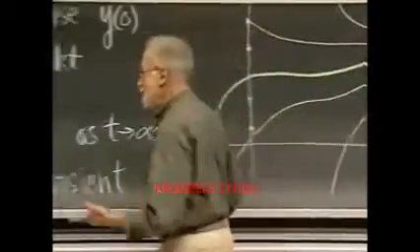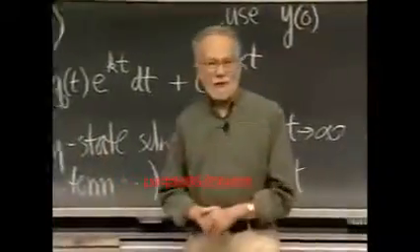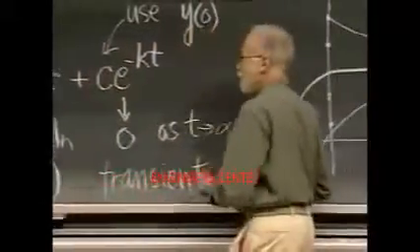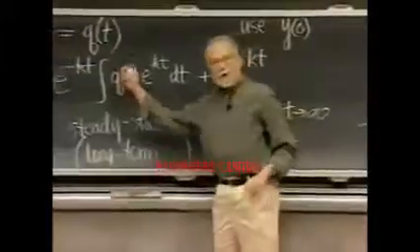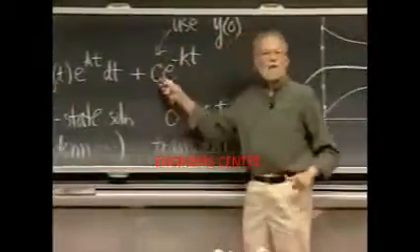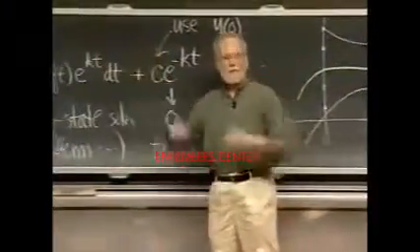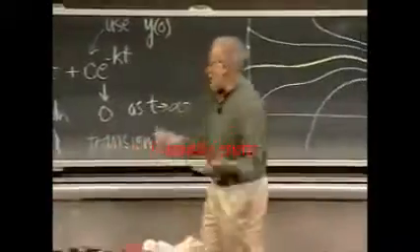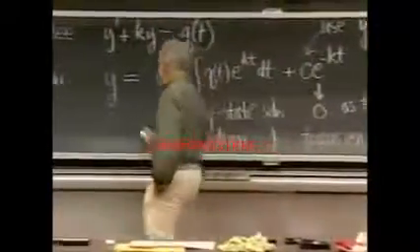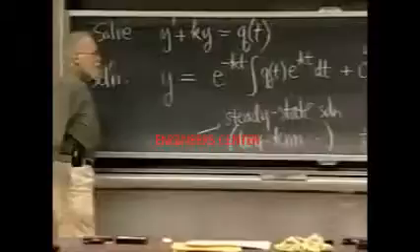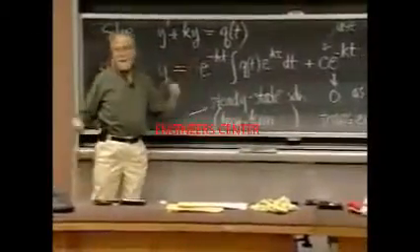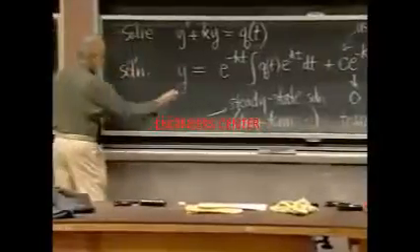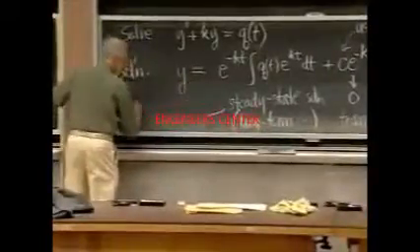Whichever one, the usual answer is whichever one looks simplest. Normally, the one that will look simplest is the one where c is 0. But if this is a peculiar function, it might be that for some other value of c, you get an even simpler expression. So the steady state solution, about the best I can say, either integrate that, don't use an arbitrary constant and use what you get, or pick the simplest.